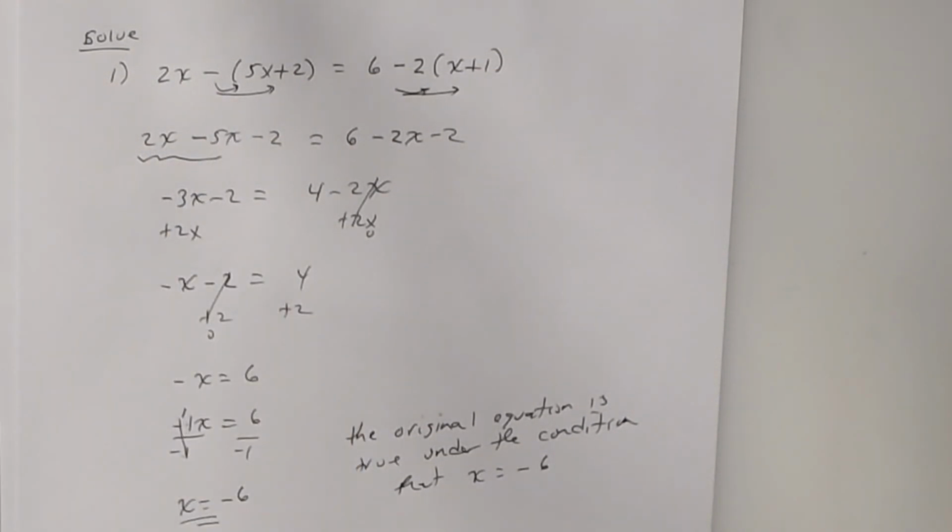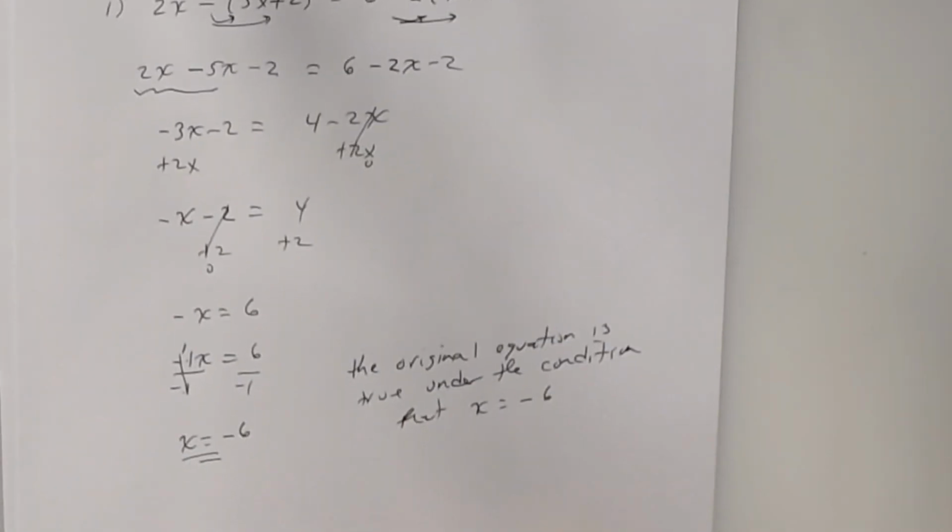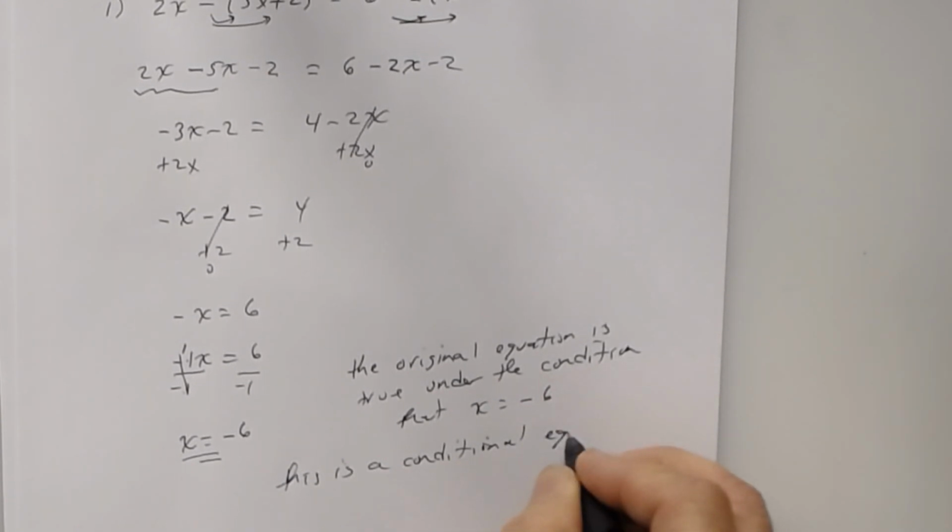So this equation has at least one solution. What's the solution? -6. So it's called a conditional equation. So this is a conditional equation. All right, so it's a conditional equation.